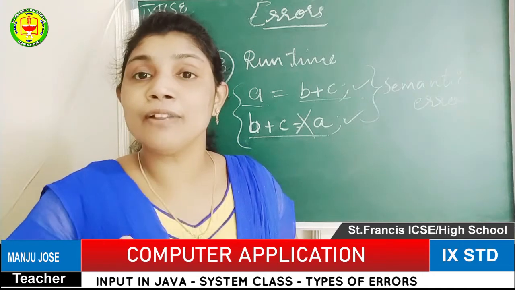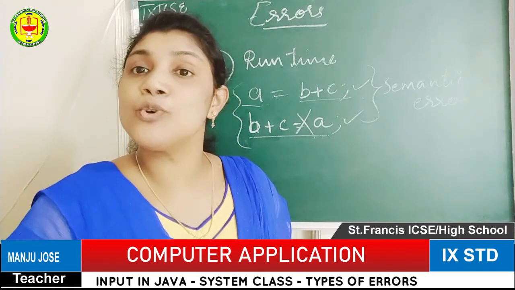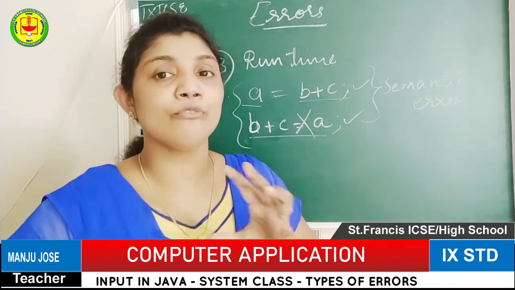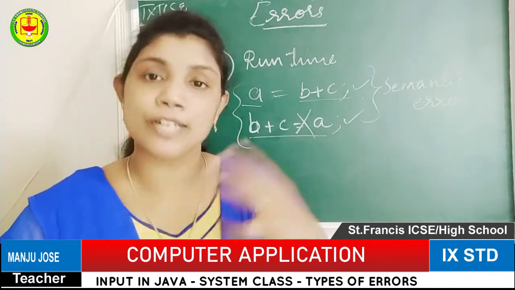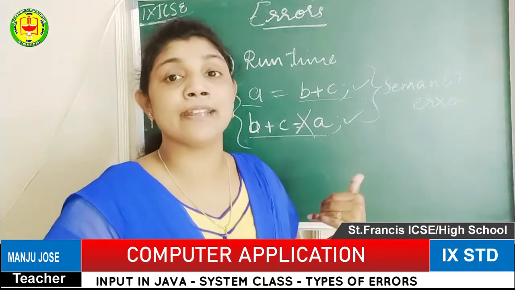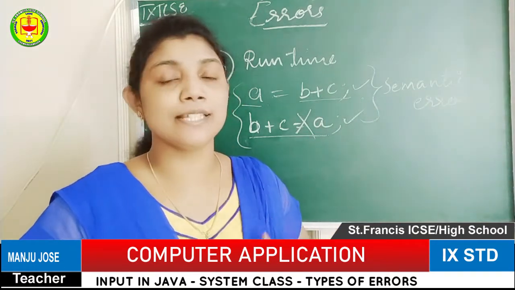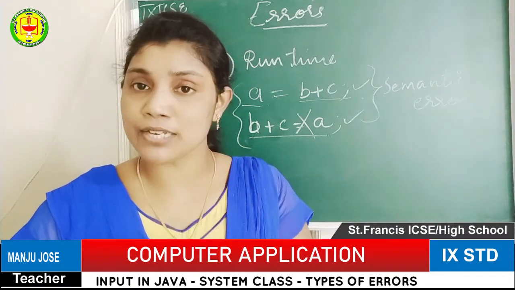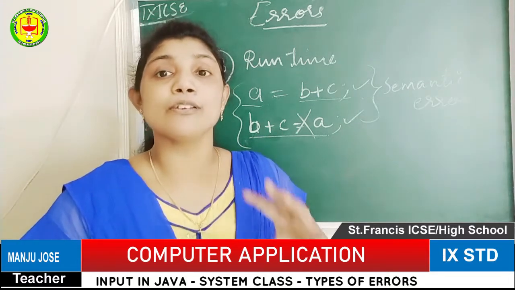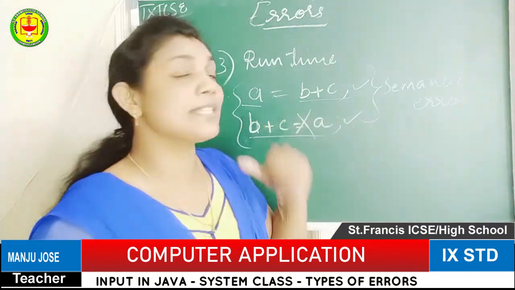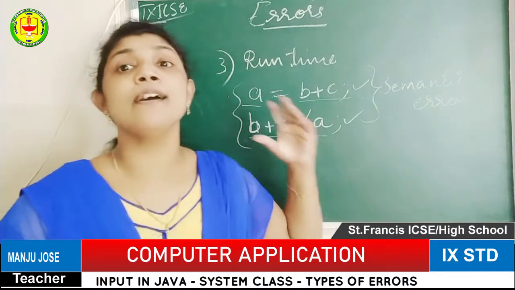So this error we are able to find only after inputting the value. That's why it is called a runtime error: when we are inputting the value after running the program. Before that we are unable to find this expression error or data type mismatch error, while writing the program or before compilation. It's not possible. So while running, during the runtime, we are able to find this kind of error.